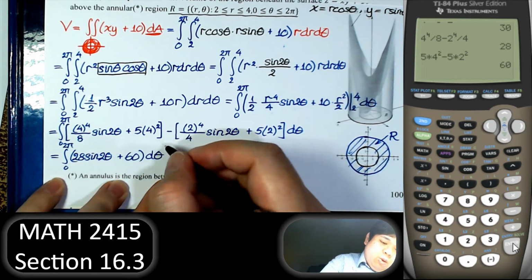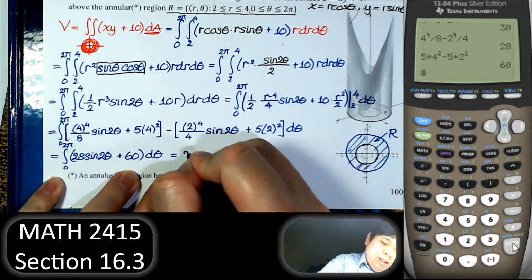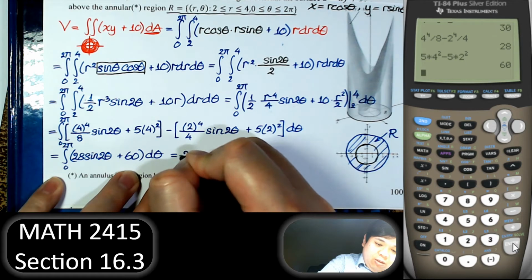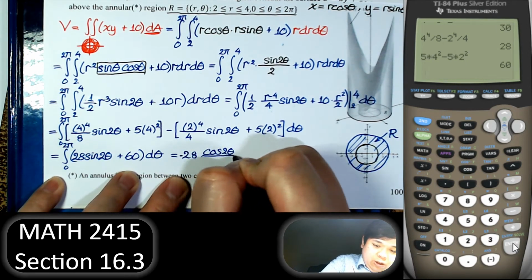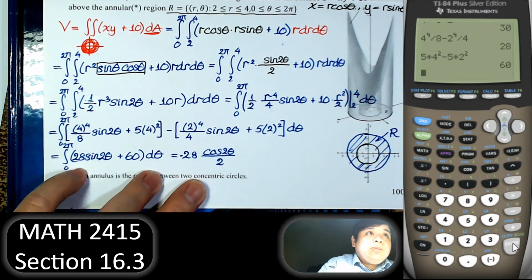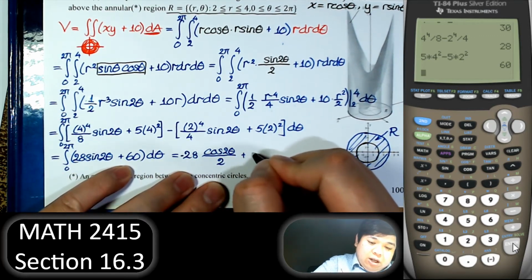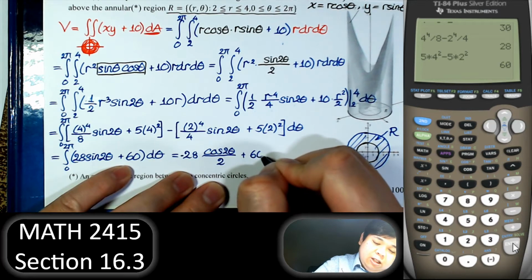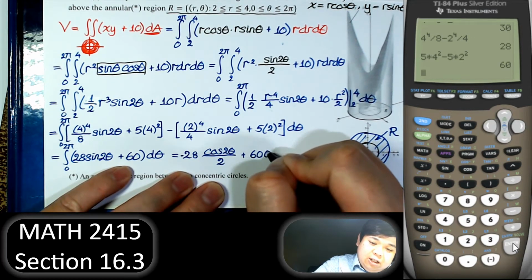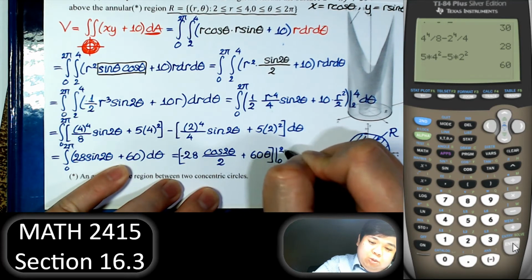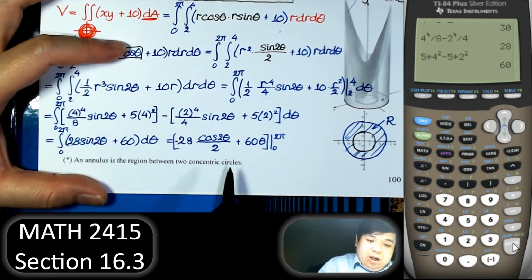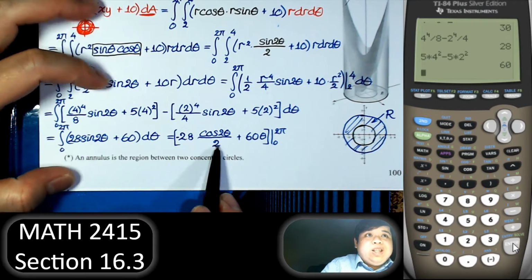So integral of 28 sine 2 theta is negative cosine 2 theta over 2, and 60 theta, so that's just 60 theta. Now I'm going from 0 to 2 pi. Negative 28 over 2, that's 14.